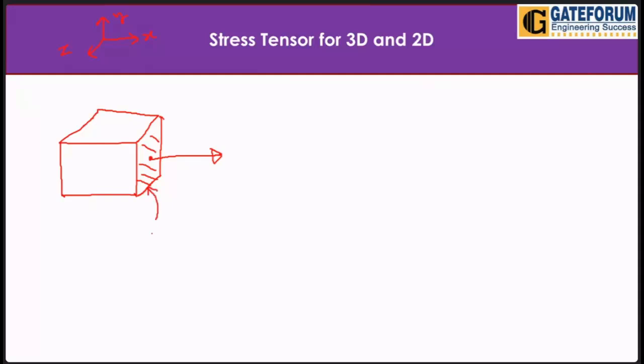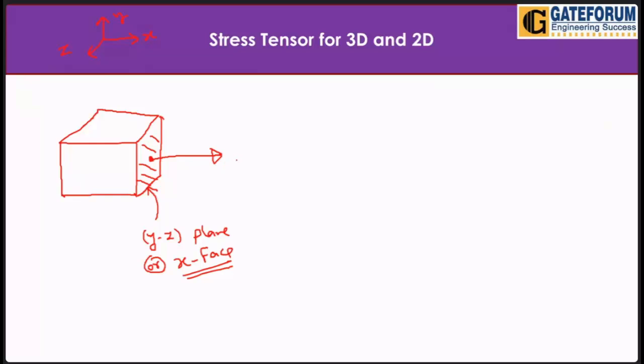This plane is also known as the X face. Why X face? Because the perpendicular to this surface is the X axis. That's why it is the X face.